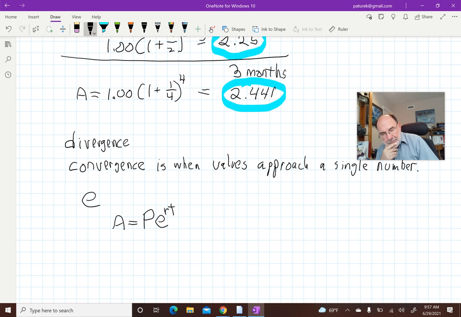This is exponential growth. So that means if I do a sketch, if P is equal to 1, e to the 0 power is 1. So it's going to go through the point (0, 1). Let's say that right there's the origin. This function will go through (0, 1) if P is equal to 1.